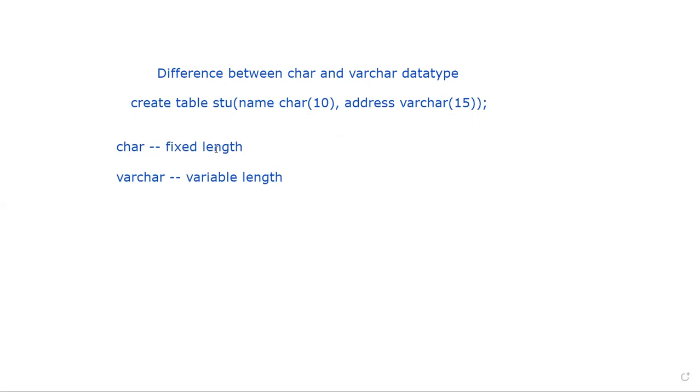Now, see, from the name only you can understand that when we talk about fixed length, it is going to occupy a fixed amount of space. What is the meaning of this? When you are writing name char 10, you have given the instruction to occupy 10 bytes of memory. One character means 1 byte, so here 10 is representing 10 bytes.